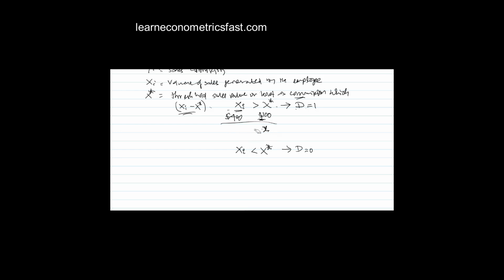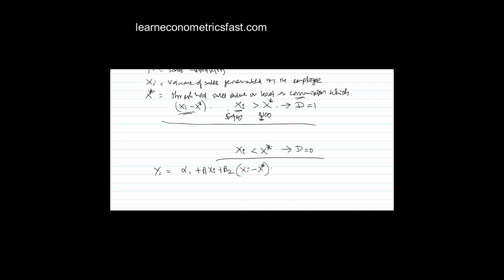Now we know this value, right? How do you write it? You will write yi, that is your sales commission, equal to alpha 1 plus beta 1 xi plus beta 2, the coefficient which takes into account the difference xi minus x star, times di.